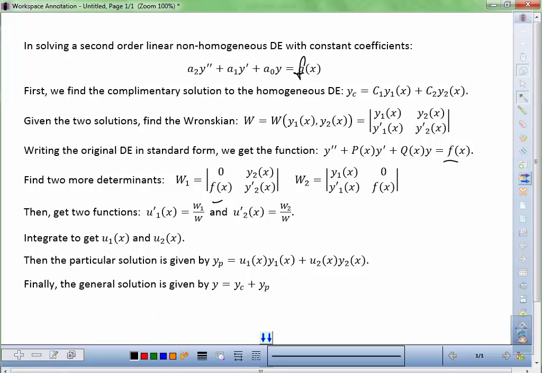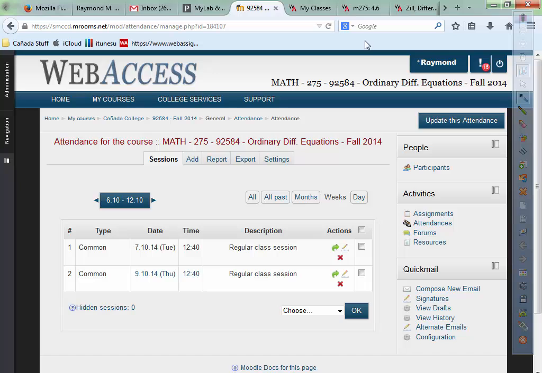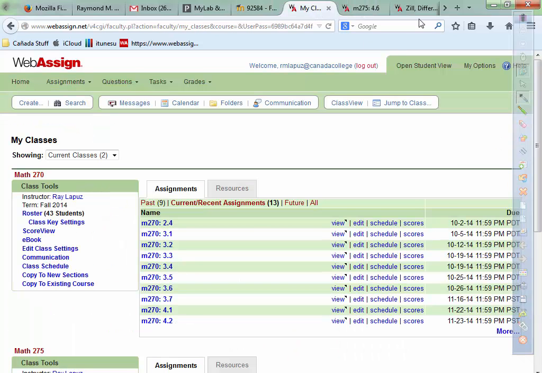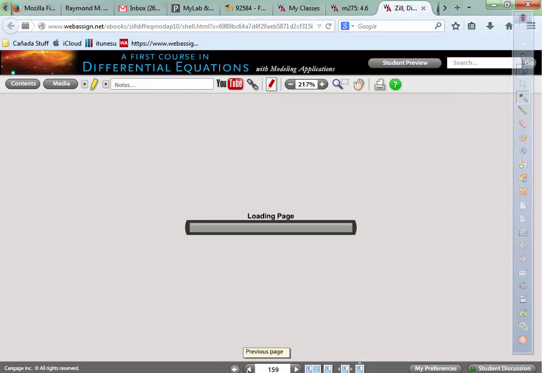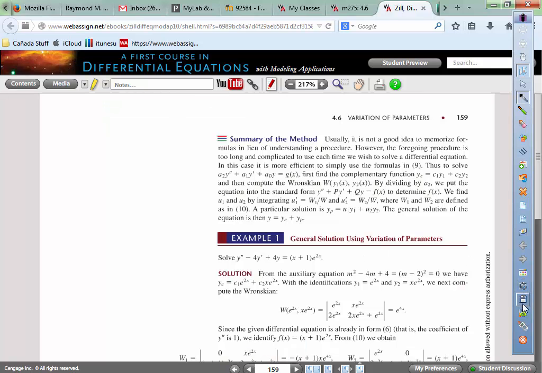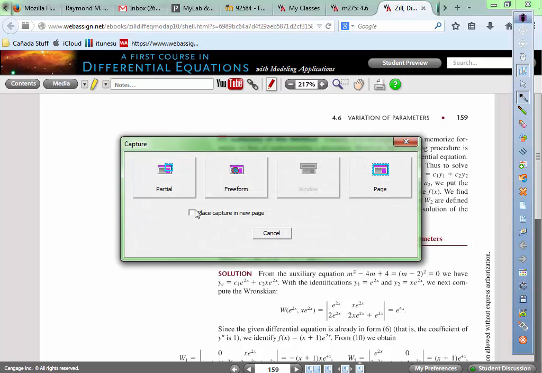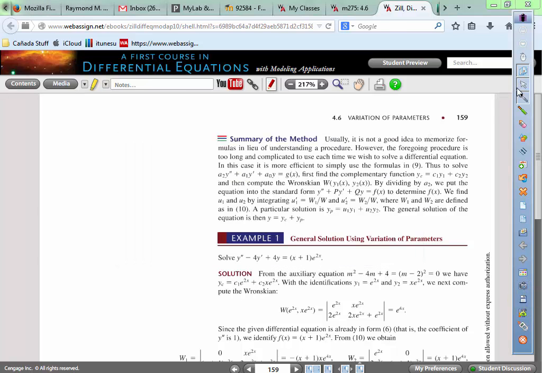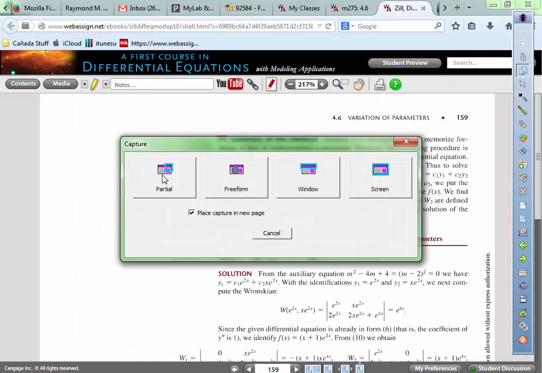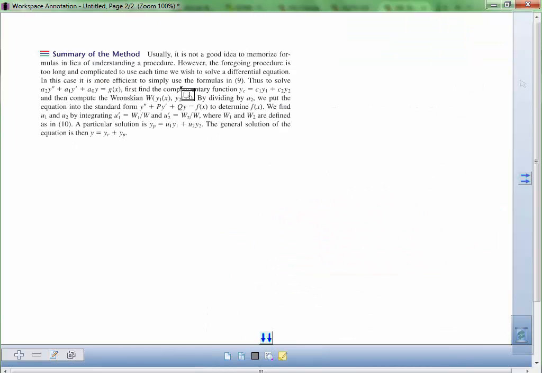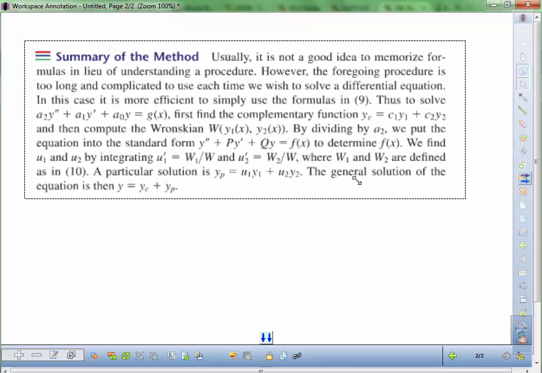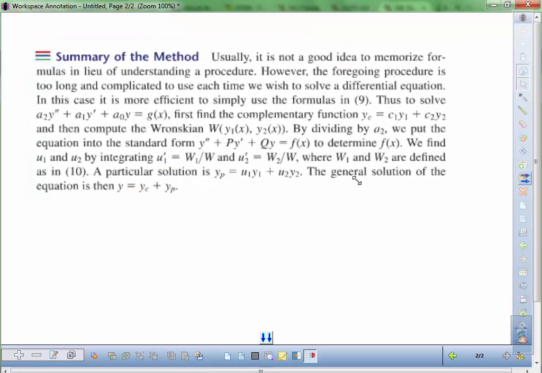I was reading this just a little bit earlier. So they derive the process for us. And then they had this to say: usually it's not a good idea to memorize formulas in lieu of understanding the procedure.